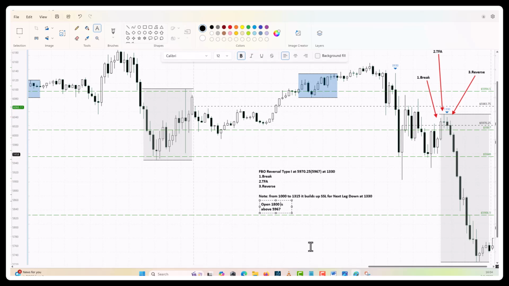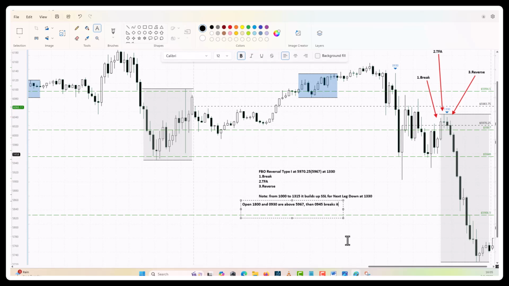Both of them. And 0930 right there, above the level. Then the 0945 broke it. Okay, broke it. And then, yeah, we could put that right here.